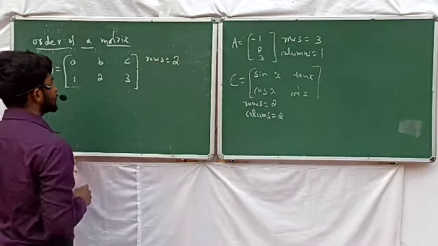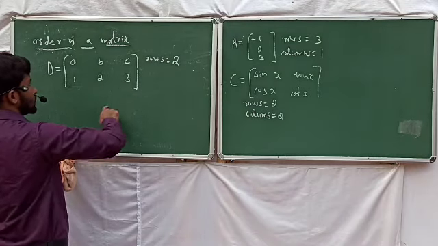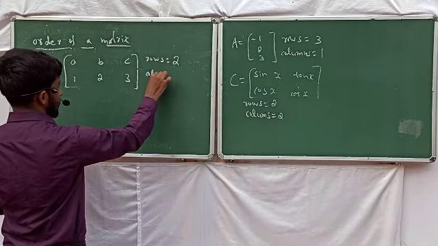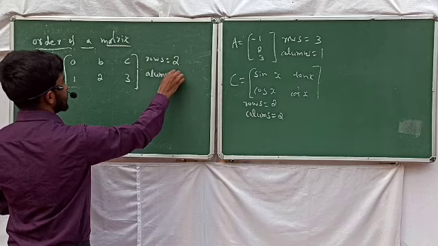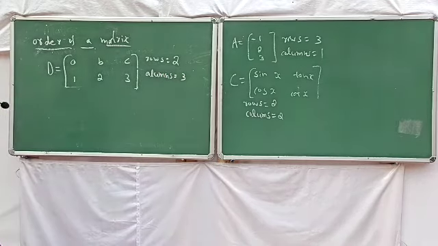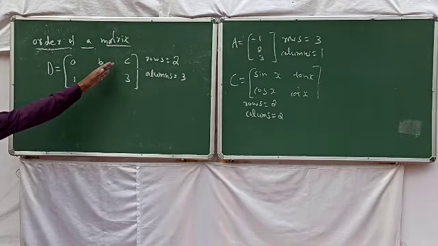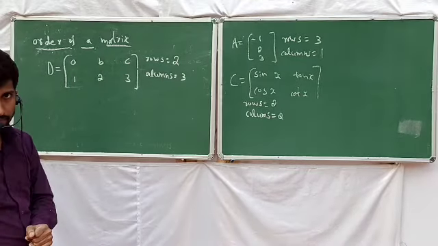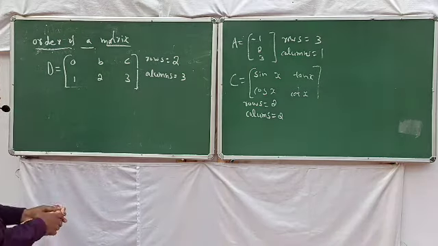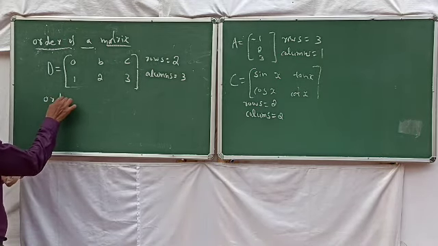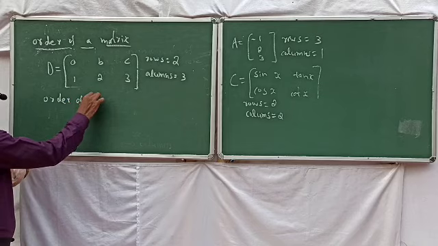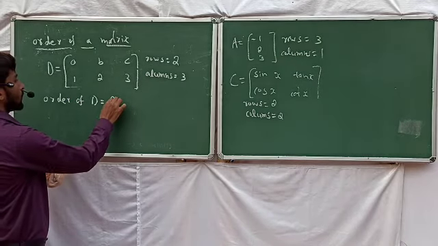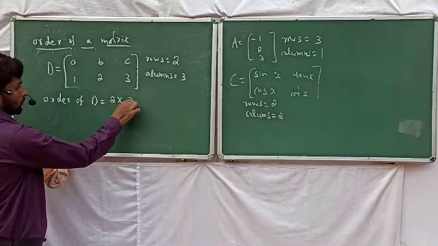How many vertical lines? You can see 3 vertical lines, therefore columns is equal to 3. The order of a matrix is nothing but number of rows times number of columns. In this example, the order of the matrix D is equal to number of rows 2 by number of columns 3.